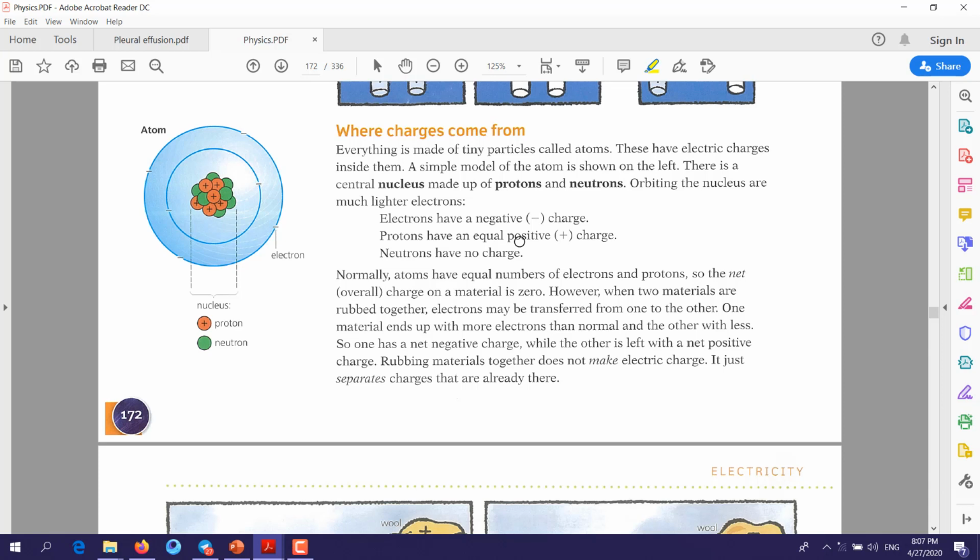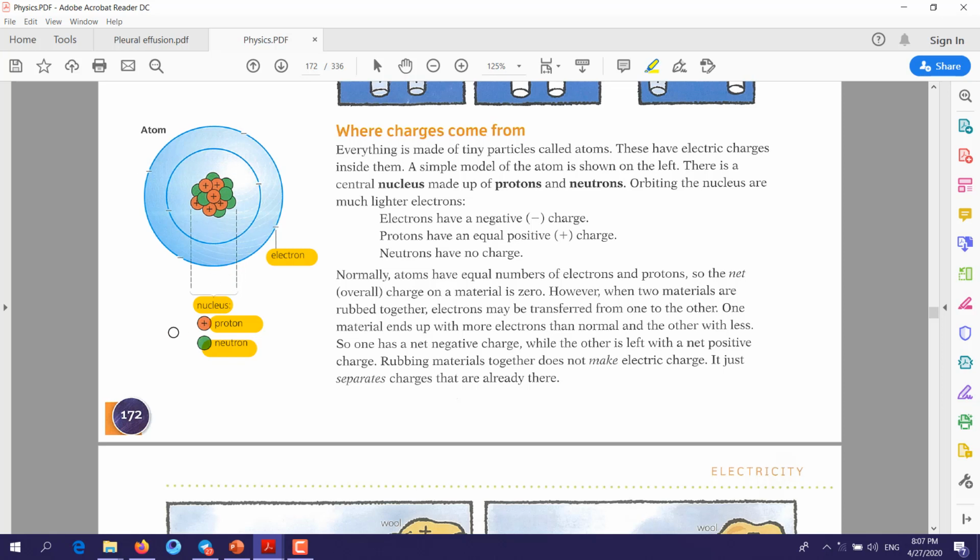These atoms consist of subatomic particles: the electrons, protons and neutrons. Protons and neutrons are attached to each other in a region we call the nucleus, and the electrons are subatomic particles found outside the nucleus, orbiting the nucleus.